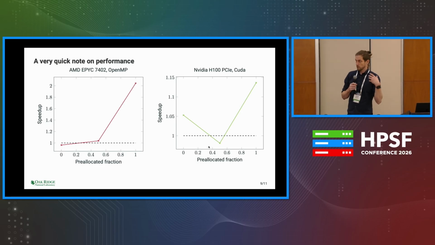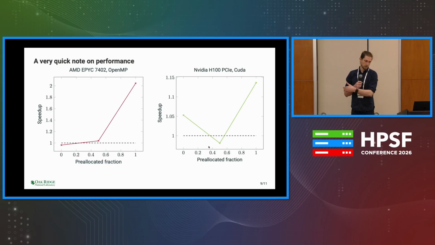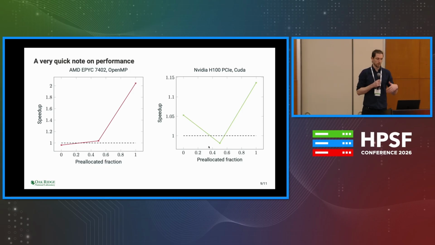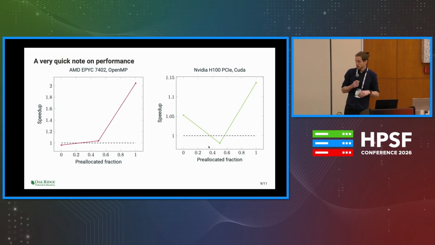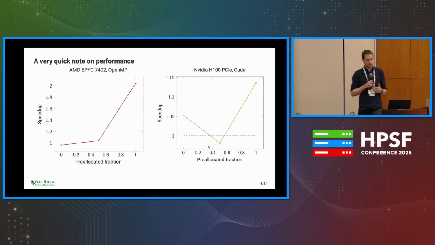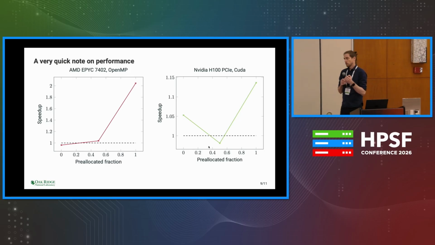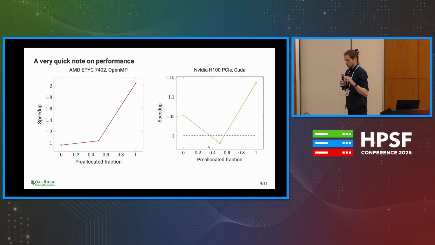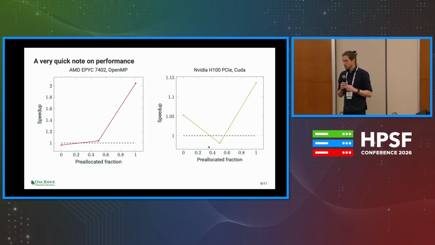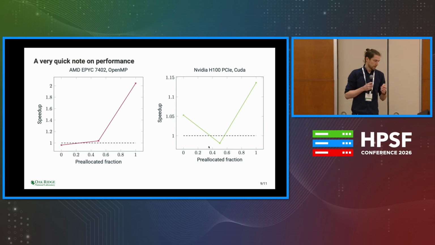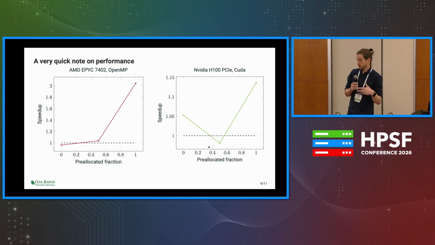So we said if you have pre-allocated some memory and it is enough, that would be like you are at a pre-allocated fraction of 1. If you are at 0, you basically have no memory. The dashed line is the reference, and the reference is with respect to a, let's call it quote unquote naive implementation that does 3 loops over the whole index range.